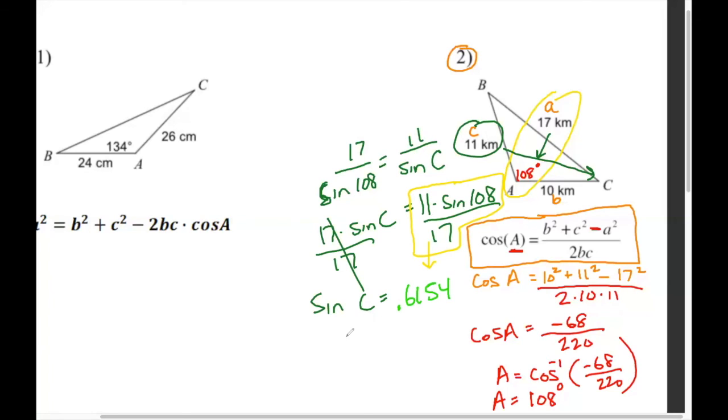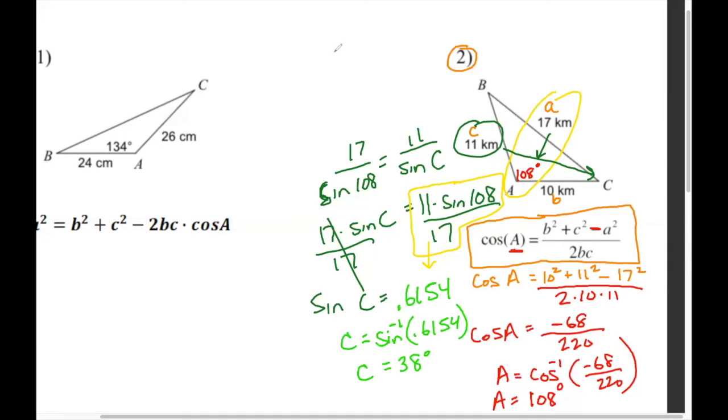So now to get C by itself, you might know where this is going. You have to take the inverse sine, which is second sine of 0.6154. Remember, the inverse trig functions give us an angle. So now angle C is worth, I'm pressing second sine 0.6154, and we get 37.98, which is going to round to 38 degrees.